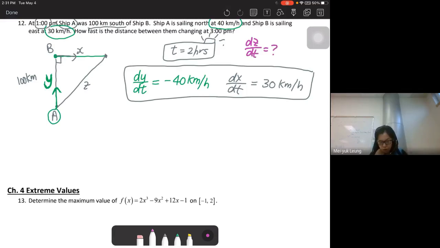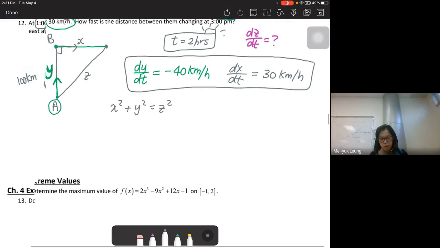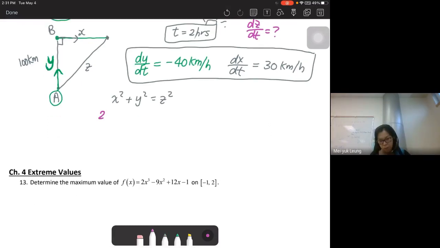All right, so go back to look at this triangle. This is a simple right angle triangle, so you will want to use the Pythagorean theorem to relate all three variables in this equation, and then differentiate it implicitly with respect to time. So we have 2x dx/dt plus 2y dy/dt equals 2z dz/dt.